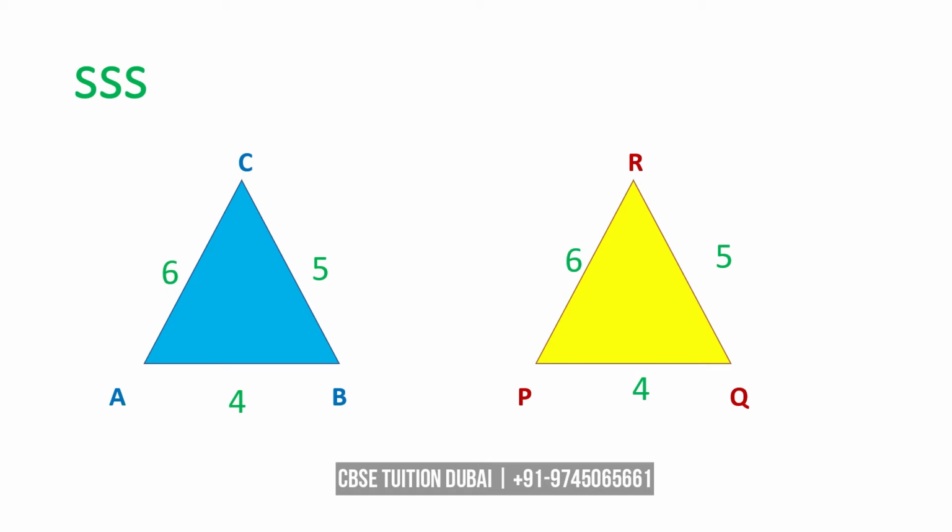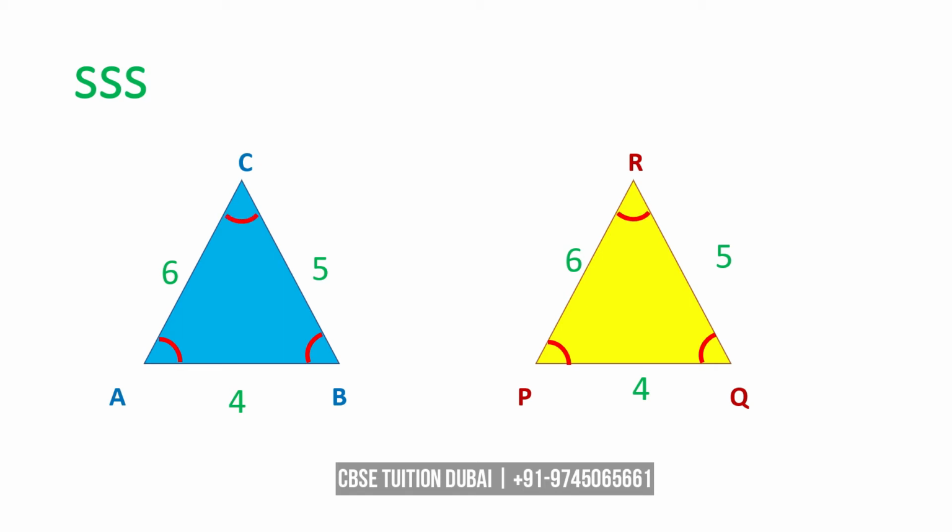If they are congruent, their corresponding angles will be equal: angle A and P are equal, angle B and Q are equal, angle C and R are equal.